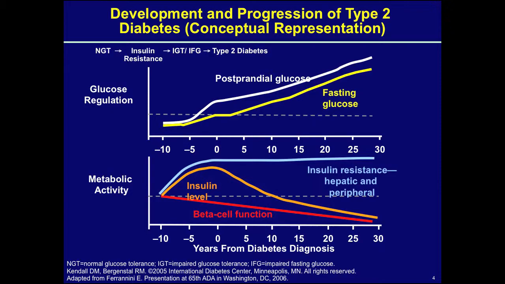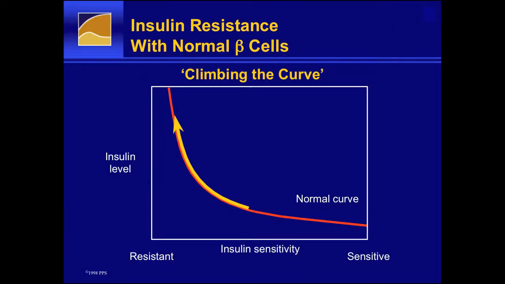Note that the insulin levels in the blood actually go up initially, but then obviously decrease. And beta cell function, though, decreases. So how can beta cell function be decreasing when insulin levels are going up? Well, the reason is that the relationship between insulin levels and insulin sensitivity is denoted by a hyperbolic relationship.